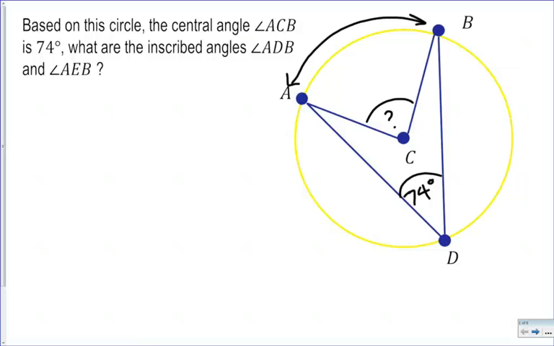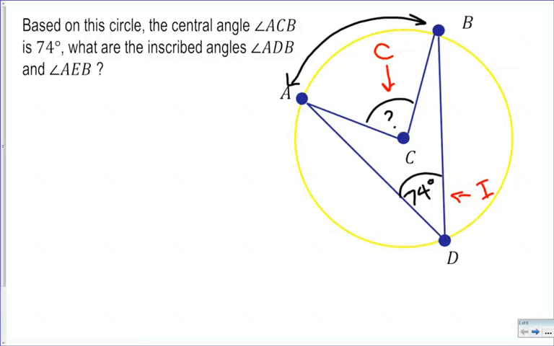Well, first of all, is this angle here an inscribed angle or a central angle? Right, so we'll put an I there. That's an inscribed angle. Is this angle a central angle or an inscribed angle? Right, and we know that because central angles involve radii coming from the center. We know that inscribed angles involve chords that share a common point.